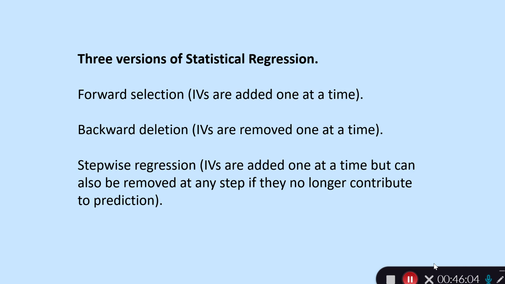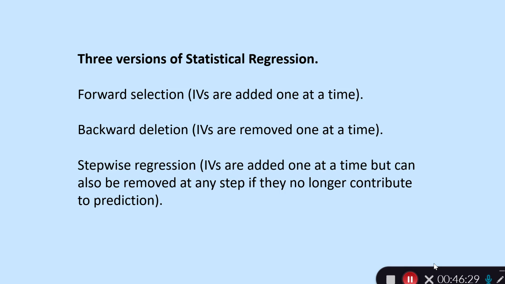And then there's stepwise regression, where IVs are added one at a time, but can also be removed at any step if they no longer contribute to prediction. So maybe you've added IV1, then IV2, and when you add IV3, you find that IV2 is no longer a significant predictor, so you could remove that from the model.